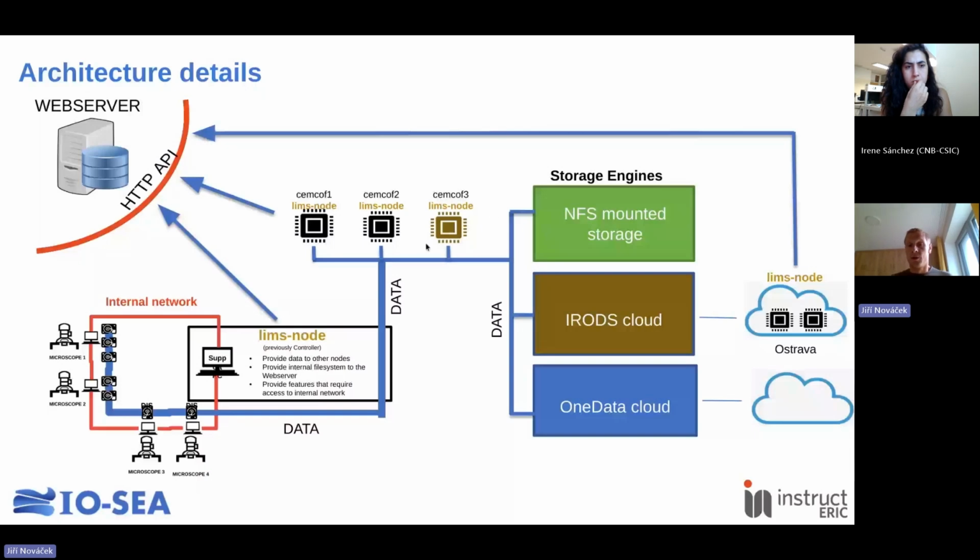One can use the standard physical storage, or storage that you can mount to your system and transfer the data via defining a particular path. And we've also worked with two different cloud solutions. The primary one is iRODS that we primarily use, and the secondary that we've tested earlier but abandoned later on was OneData.